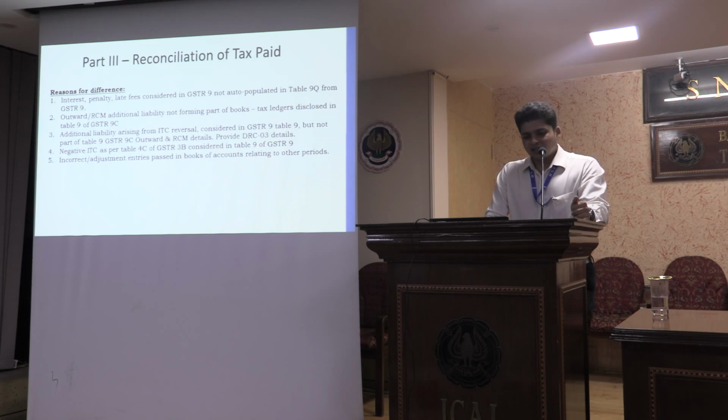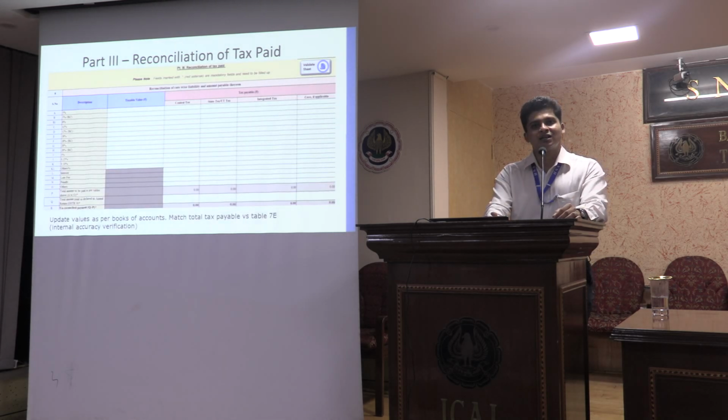Next one, in relation to RCM related liability, additional liability, and if there is ITC reversal related additional liability which you have considered in GSTR 9, that would again form part of the variance here. Because in this table it may not consider, because if you go back to this table, RCM is considered, ITC related additional liability you will not be able to disclose here, because it is reconciliation of tax paid and it says reconciliation of rate-wise liability.